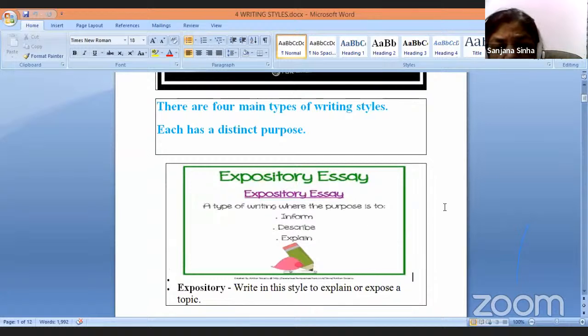First of all, the expository writing style. Write down the question. Explain or define what is expository writing.